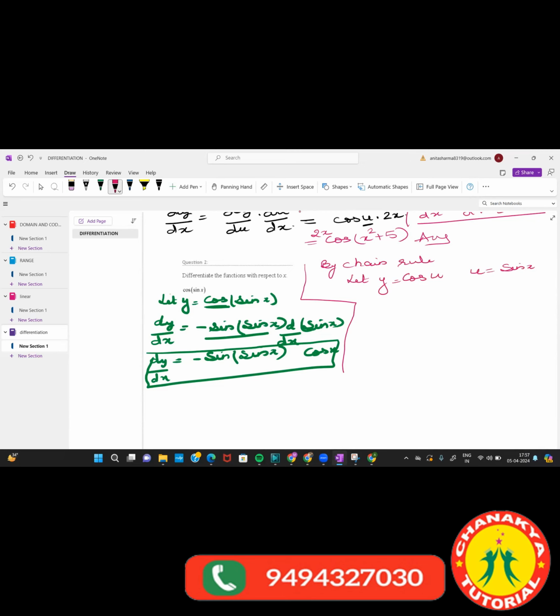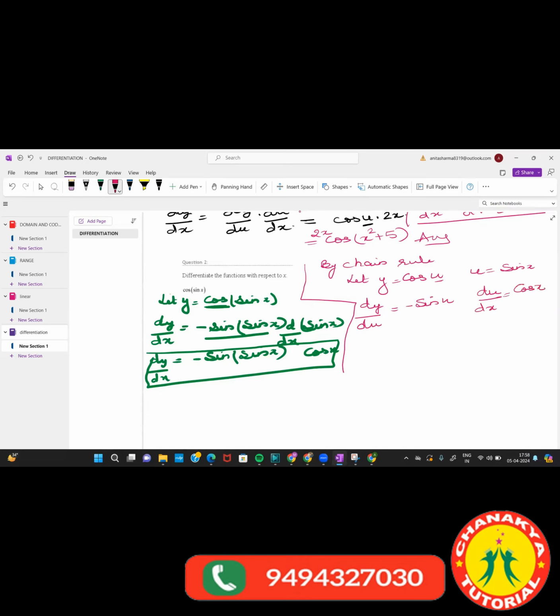Now differentiate with respect to u, because on the right hand side u is given. So dy by du will be equal to differentiation of cos u, minus sin u. Now tell me the differentiation of sin x. Cos x. Yes, cos x.